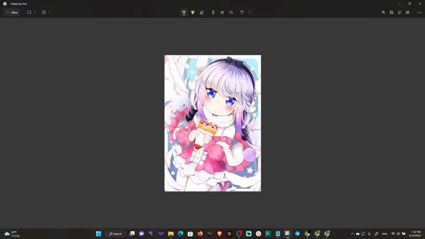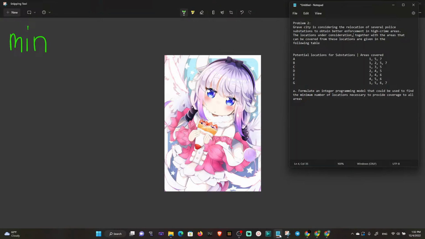First, it's asking us to do a few things. First, we need to find the min. Based on this table, do you think you could tell me what the min is? What are we trying to minimize? Let me think about this one.